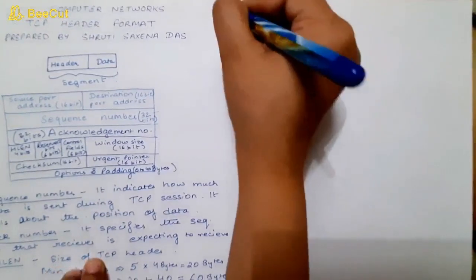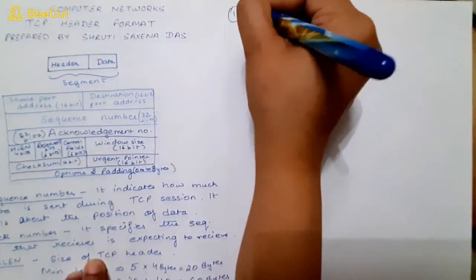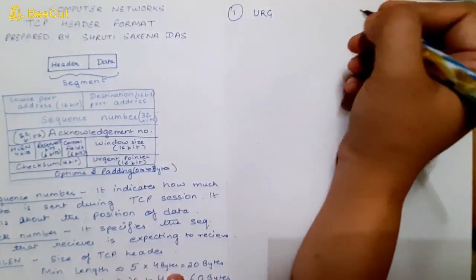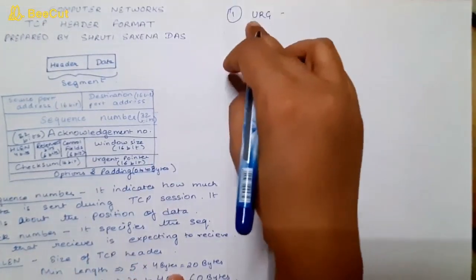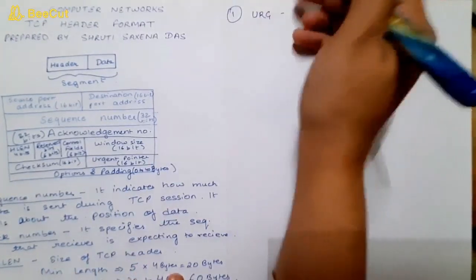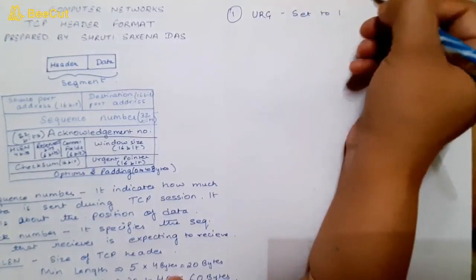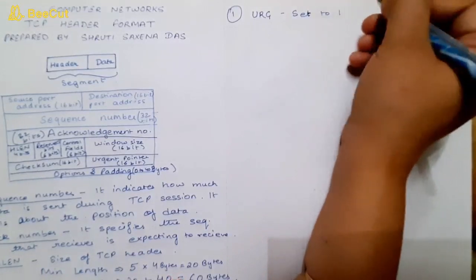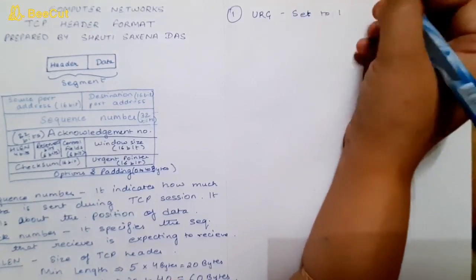Let's see, the first one which is used is urgent. It is written as URG. URG means that this bit will be set to 1 if the data in the segment is urgent. So if you want to prioritize any data, then you have to set this bit to 1.